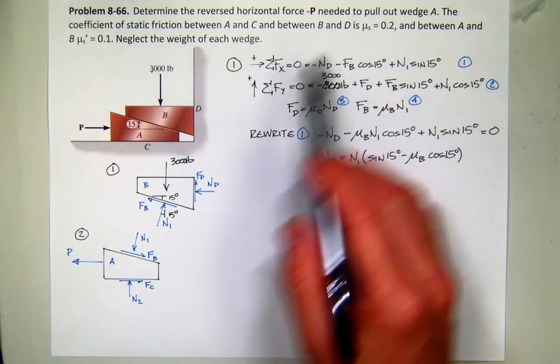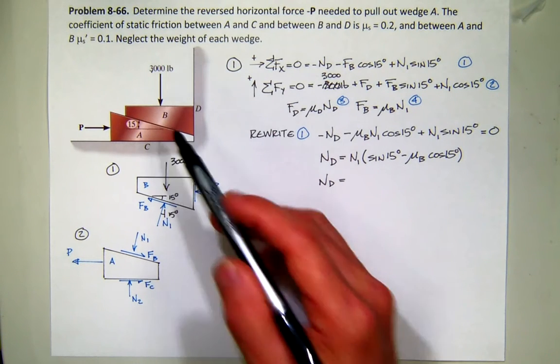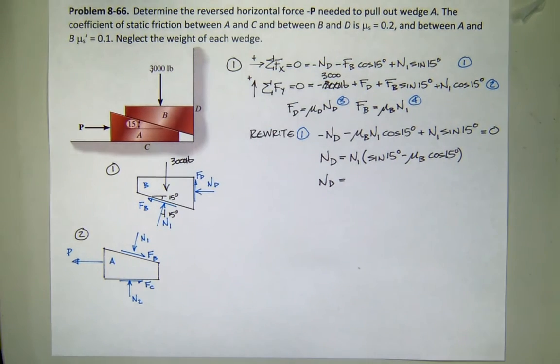Yeah, 0.162 for the parentheses. Oh, I'm sorry. Hang on, I was halfway through that. What did you get for this number? 0.162. Oh, I did it backwards. Sorry.